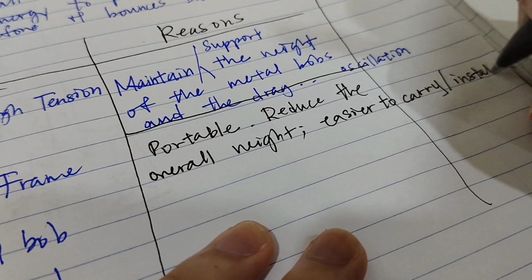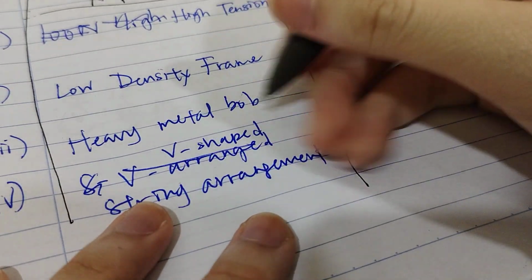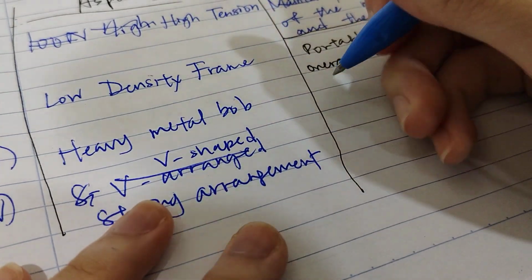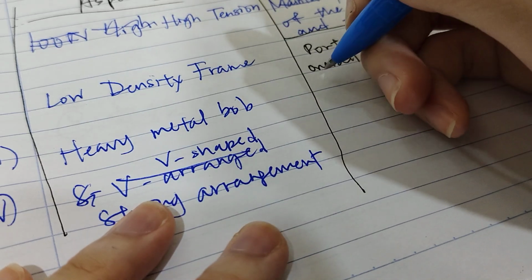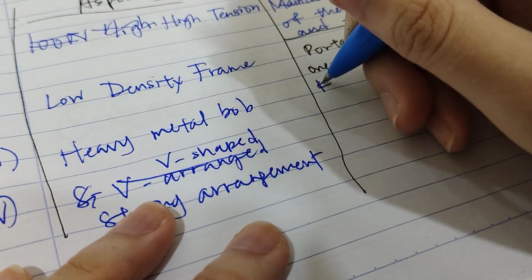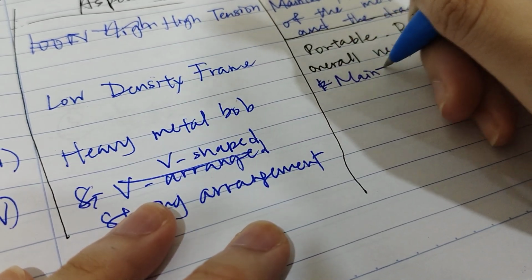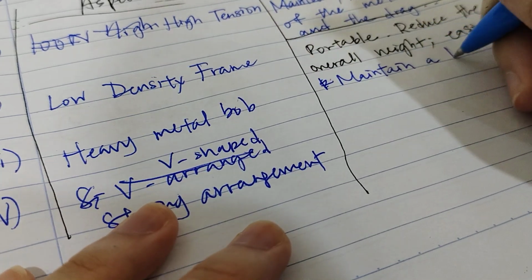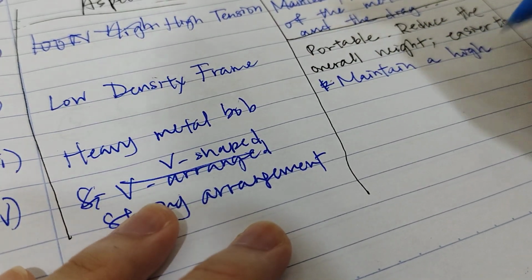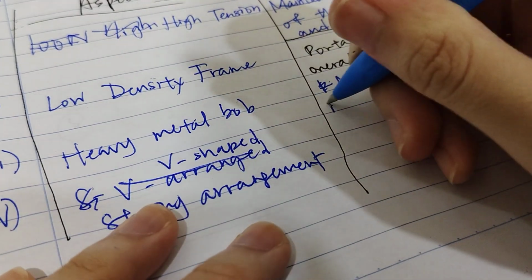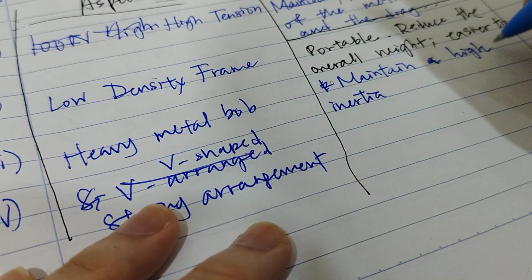Easy to install, you could say. So now the heavy metal bob, what can we say for that? We want to maintain high inertia, we can say like that. High or large inertia.